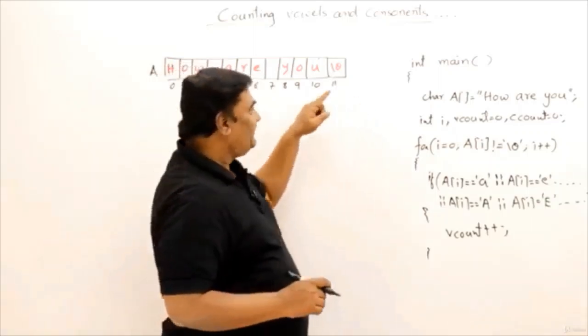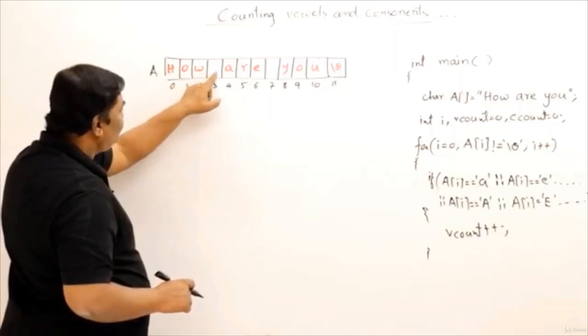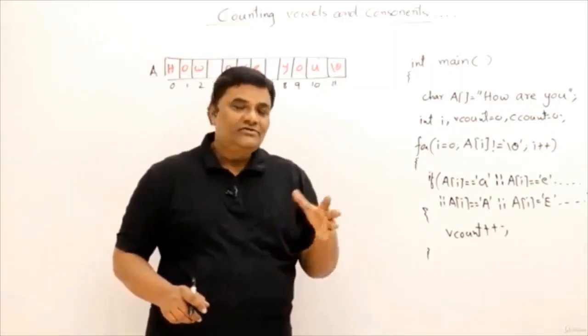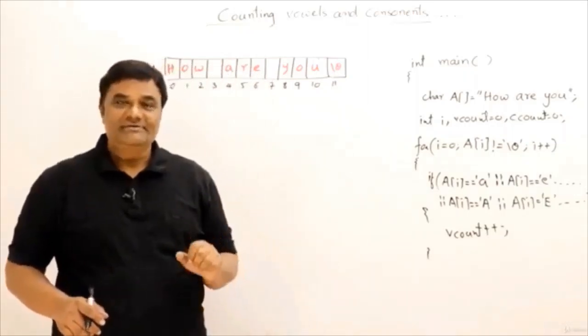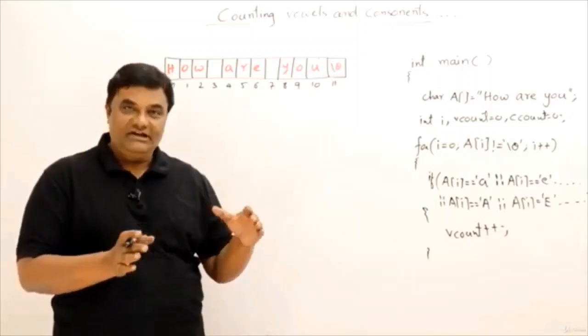Otherwise, see, if it is not a vowel, right? This is not a vowel, this is a vowel, this is not a vowel. This is not a vowel, so spaces will also be counted. So I should not take any special characters or spaces, I should take only alphabets. So make sure that it is within the range of alphabets.